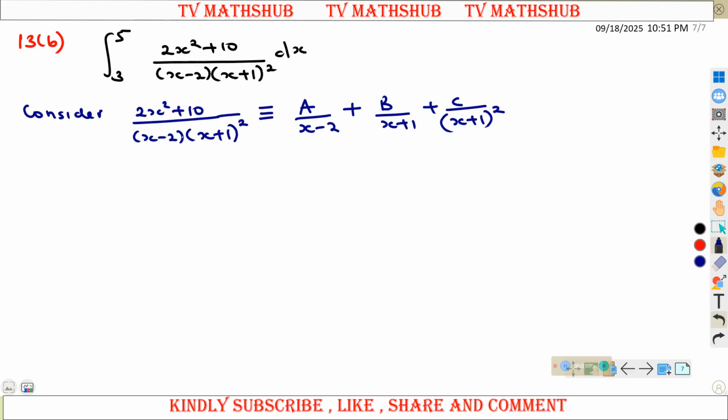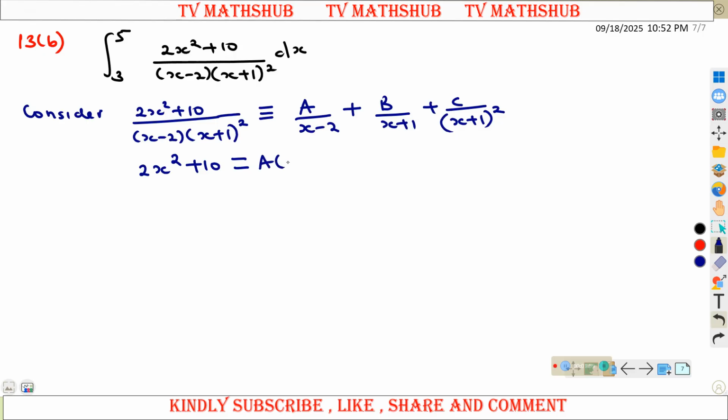So we shall have the same LCM, so this will imply we shall remain with 2x squared plus 10, which is equal to, when you get this, the LCM of this will be similar to this. When you divide the LCM by this, you get x plus 1 squared.